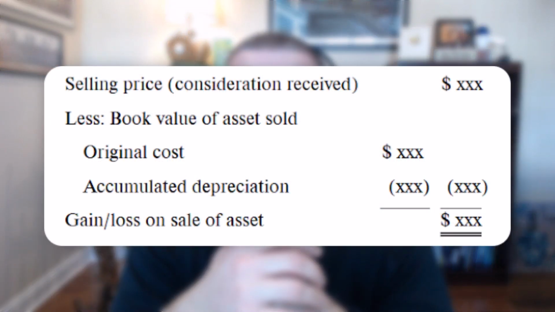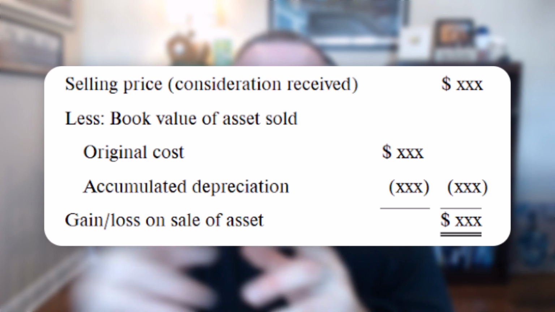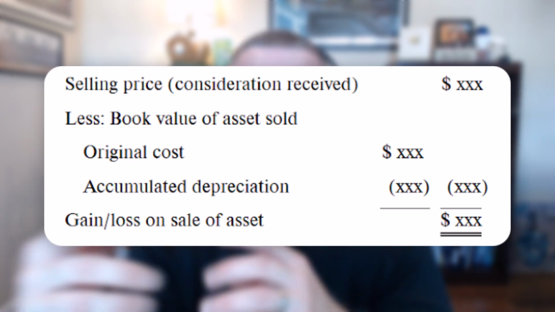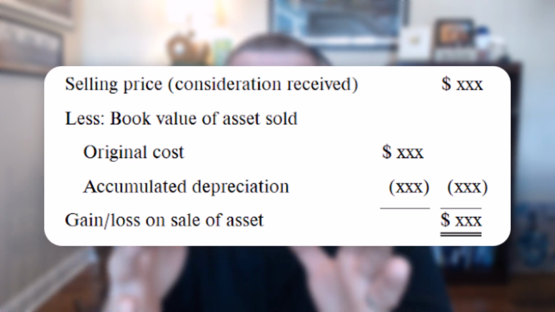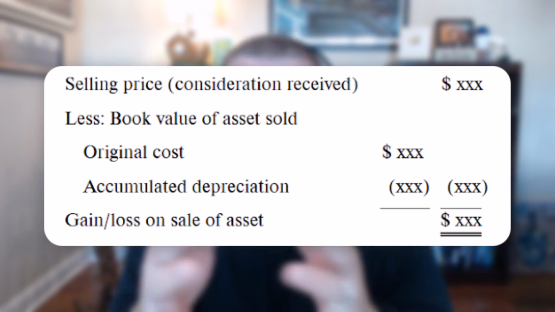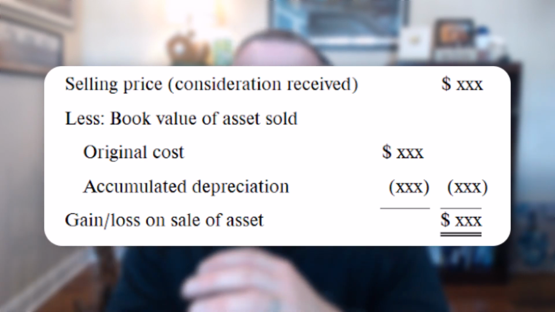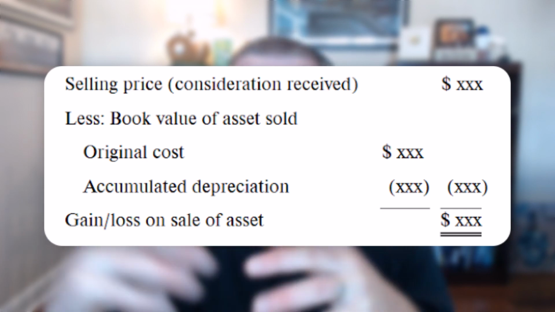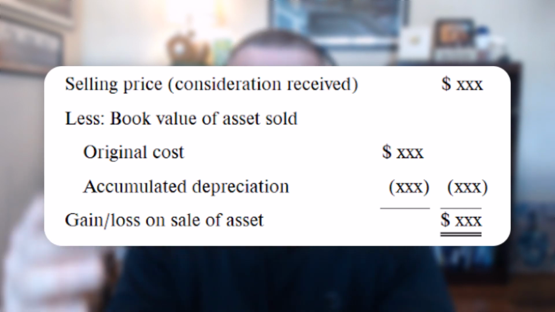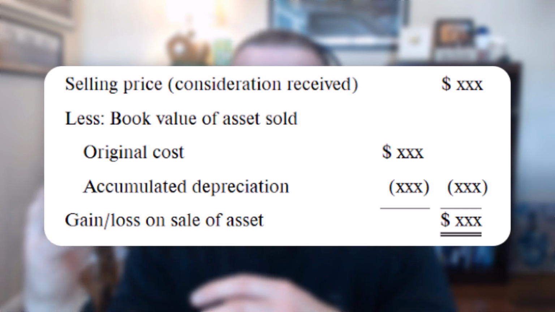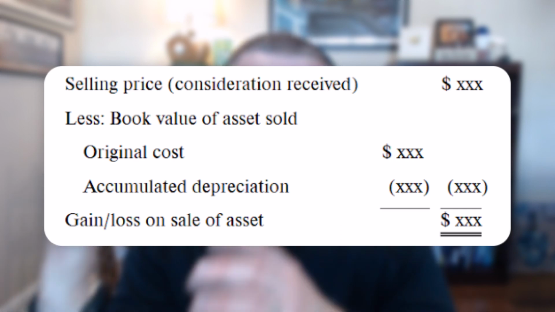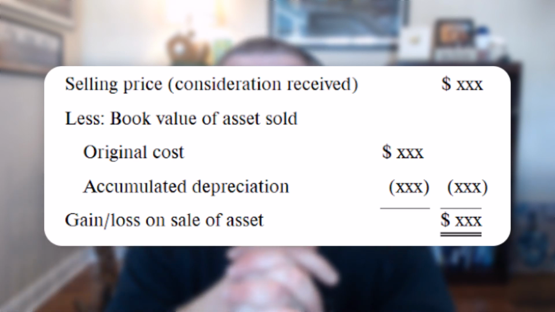So when property, plant, and equipment is sold, a gain or loss is recognized for the difference between the selling price and the asset's book value. So the difference between what we sold the pizza oven for, maybe we sold it for $10,000 cash 2 years after we bought it. And at that point in time, we've taken 2 years of depreciation off of that original $20,000 value.